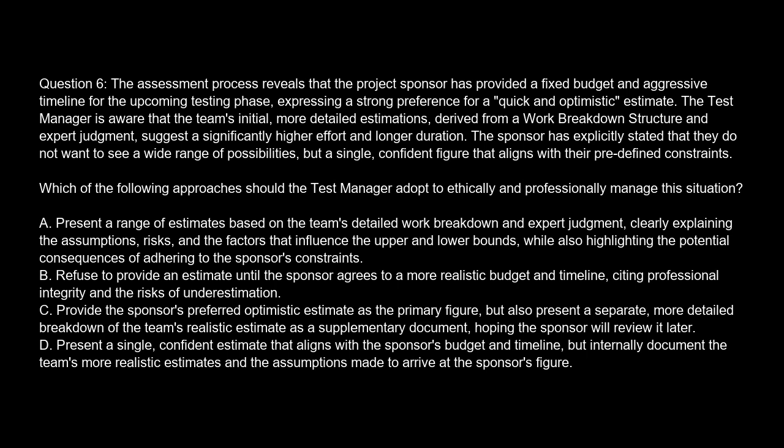Option C. Provide the sponsor's preferred optimistic estimate as the primary figure, but also present a separate, more detailed breakdown of the team's realistic estimate as a supplementary document, hoping the sponsor will review it later. Option D. Present a single, confident estimate that aligns with the sponsor's budget and timeline, but internally document the team's more realistic estimates and the assumptions made to arrive at the sponsor's figure.